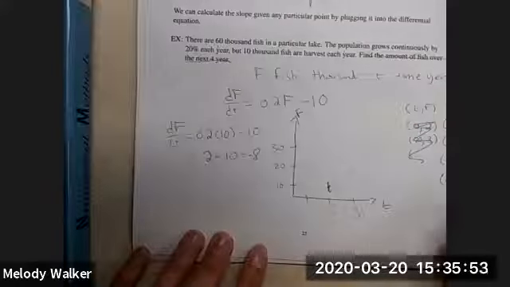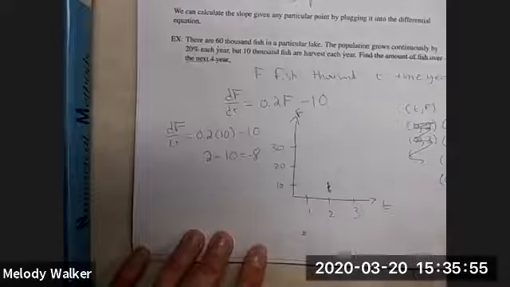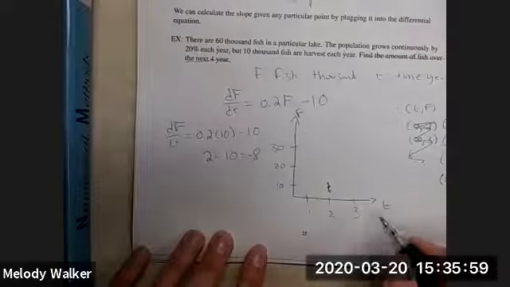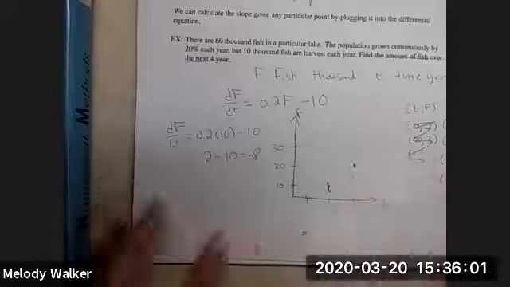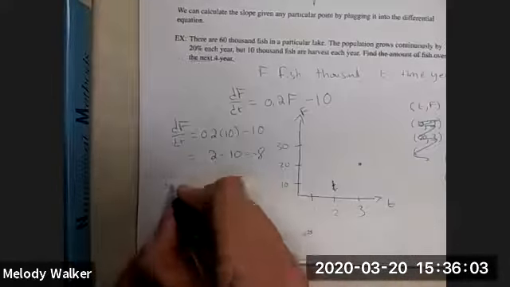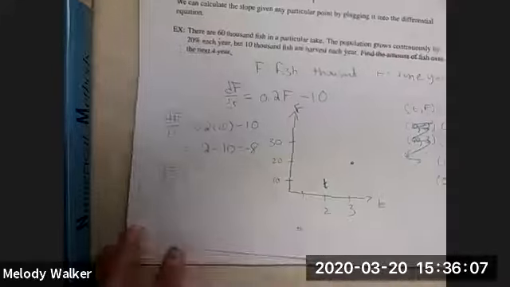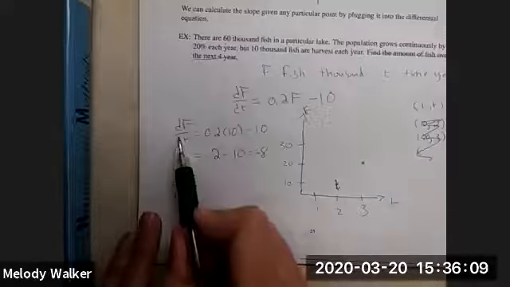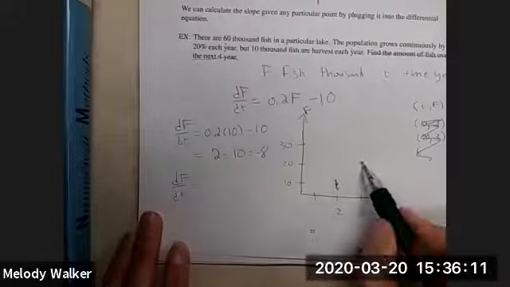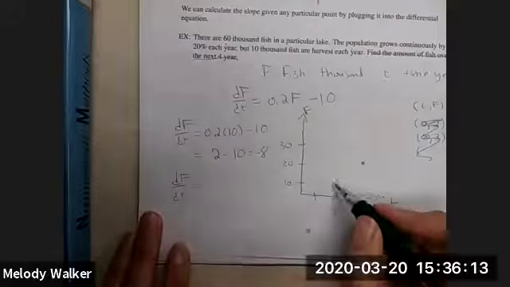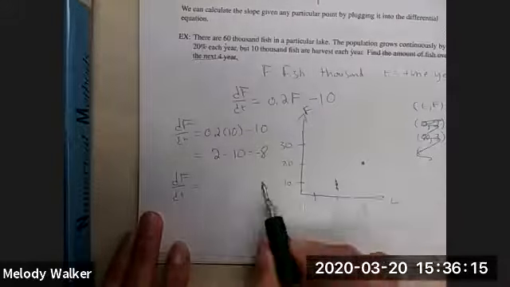Actually, I wanted to make this 50 here. That's the other point I want to do. Okay, (2, 10), now (3, 20). And if I plug in the slope here, I'm just plugging in and finding the slope. So this is the location on the graph, and then I'm drawing a little slope here. The slope here was -8.